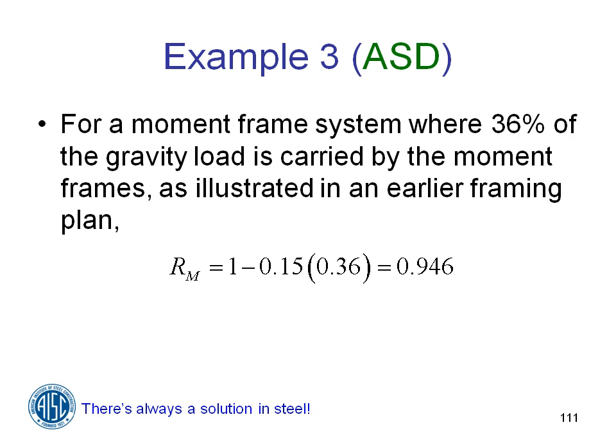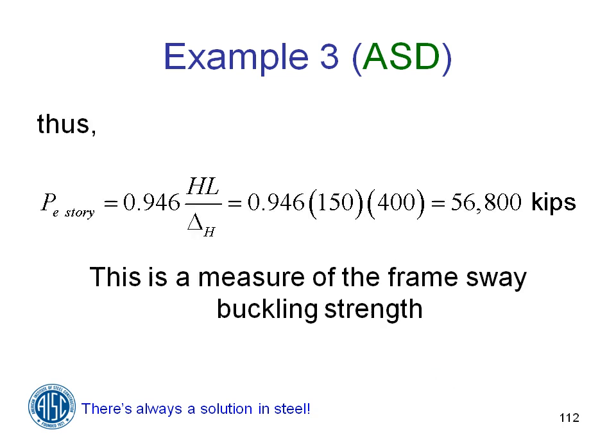Now R sub m, the thing that accounts for the combination of moment frame columns and gravity-only columns, remember we said 36% of the load was on the moment frame columns. So the ratio here is 0.36. That means R sub m is 0.946. And using that in our PE story, there's the 0.946. The H was 150 kips, and delta over L was our drift limit of 400. So PE story comes out to be 56,800 kips.